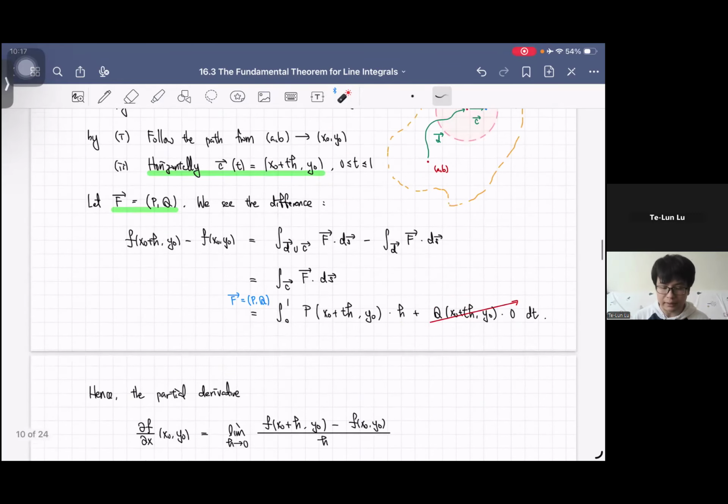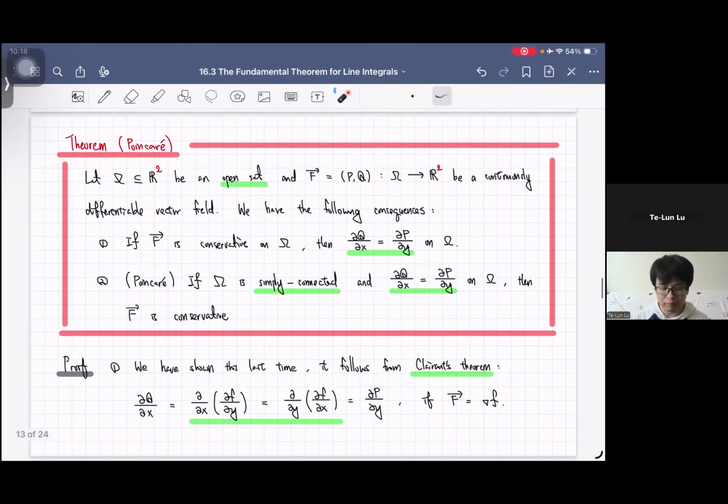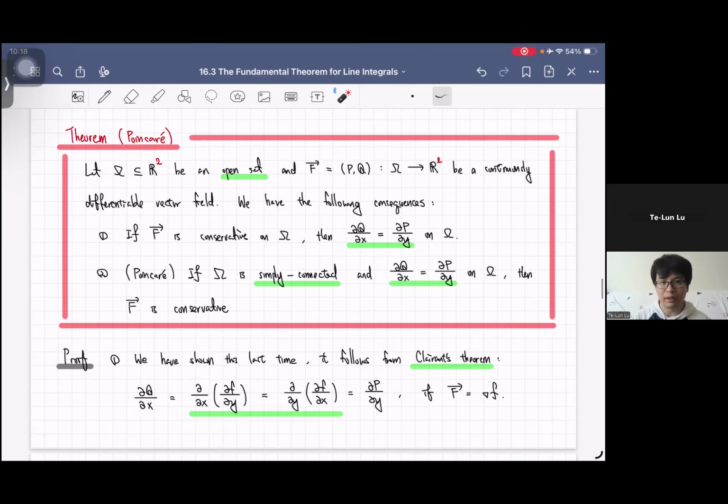We will talk about this next lecture because the proof is a little bit difficult. This is called Poincaré's theorem. Poincaré was a great mathematician back in the day, and it shows that under certain conditions you can use a really simple algebraic criterion for conservative vector fields, which is what we mentioned last time. We mentioned that if F is conservative, and suppose F is a two-dimensional vector field, then it must satisfy this equation for Q and P. This means that this condition is necessary.